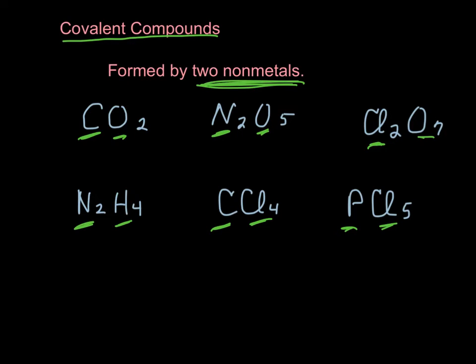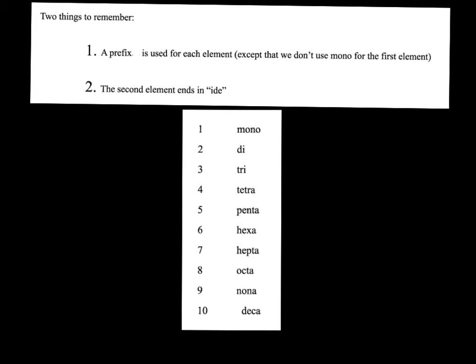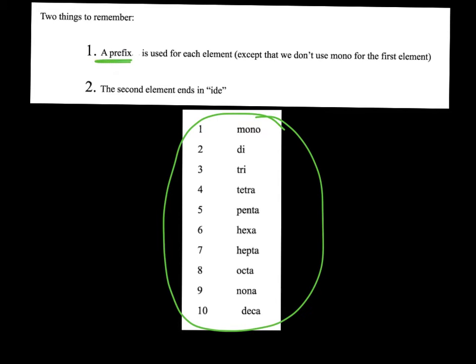So what do we do with them? Well, the most important thing is that we use prefixes, okay? So totally different from ionic compounds. There's no ions. There's no crisscrossing charges. It's actually really simple. You use a prefix for each element, except you don't use the mono for the first element. For instance, CO is carbon monoxide.